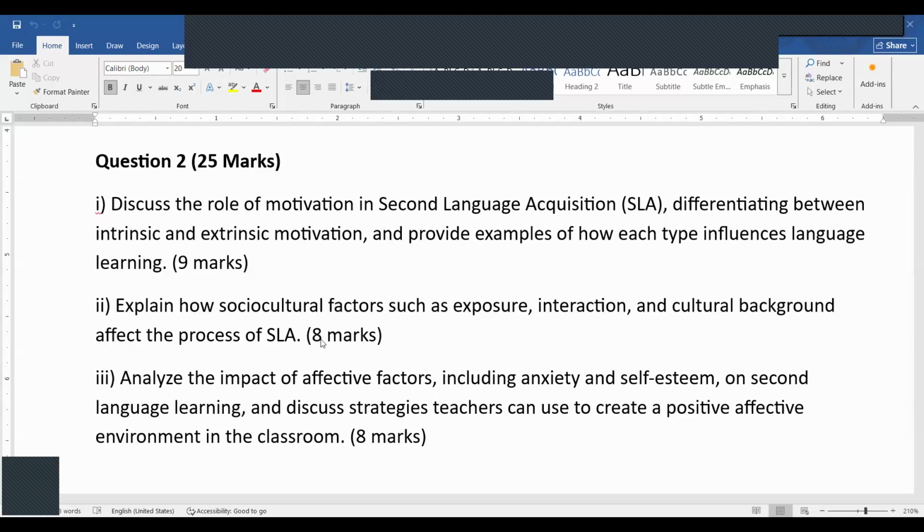Rather than learning a language individually, the student should interact with other learners. And then again, you can talk about cultural background and how it affects second language learning. All these factors affect positively.